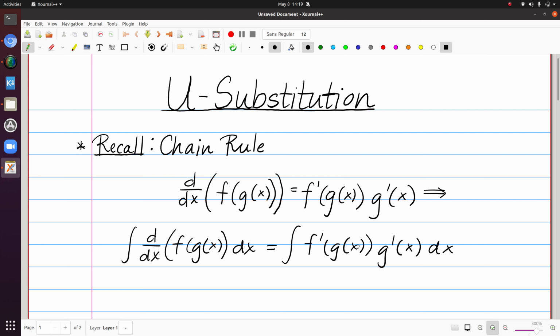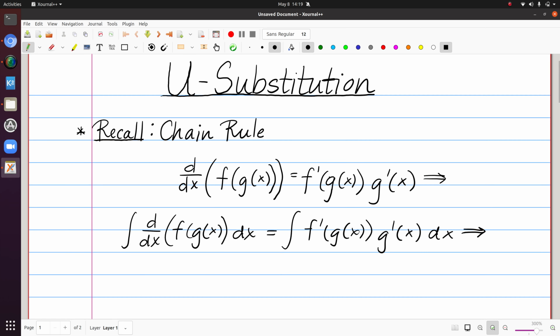And looking at these two sides, it's the left-hand side that can be simplified quite nicely. Notice we have on the left the antiderivative of the derivative of a function. So we know that the antiderivative of the derivative of f of g of x should simply be f of g of x.